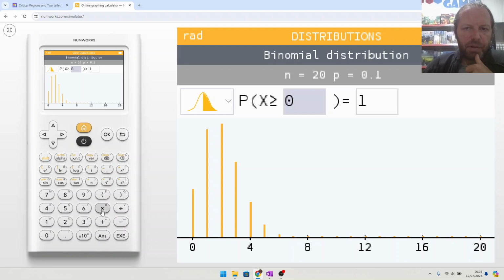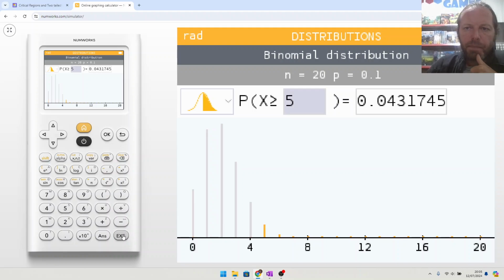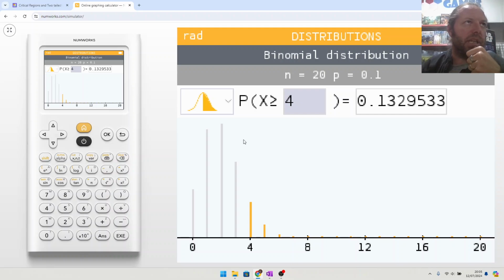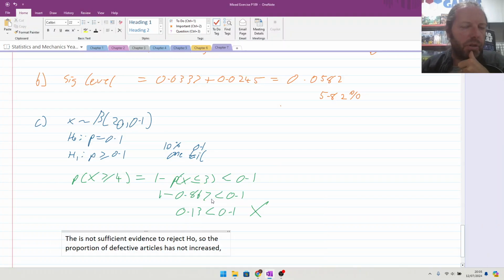And as we come through here, if we had had 5, 0.4, okay, that's definitely less. The 4 was 13. So if there had been 1 extra article in that sample, then the result would be different and would say the proportion of defective articles has increased. That's all for that one.